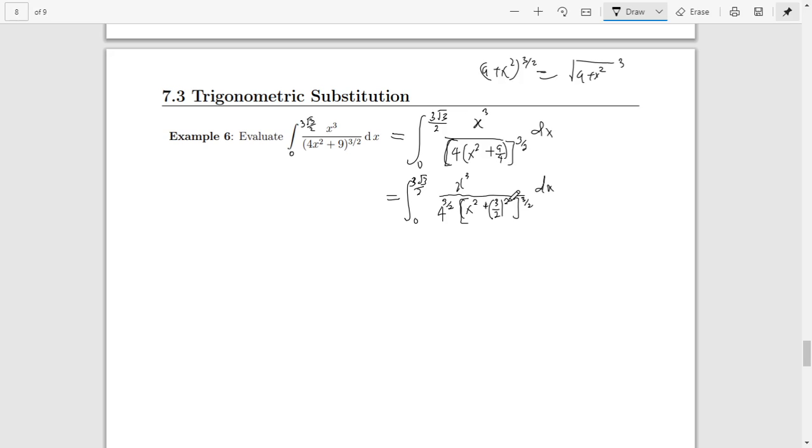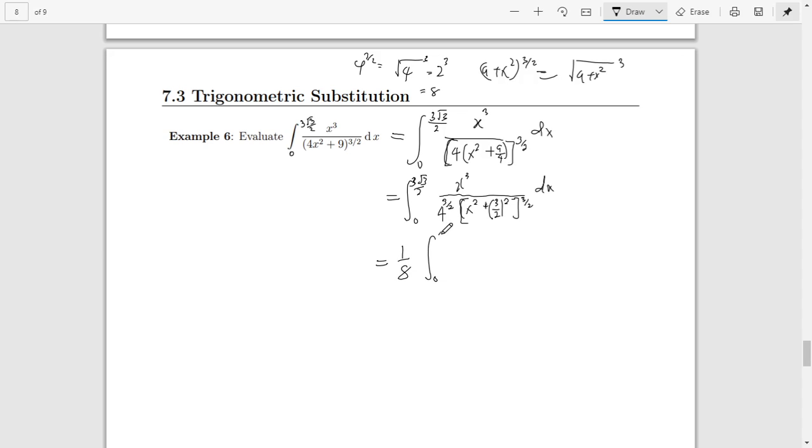So this is another way to write what we have here. This would be equal to 4 to the power of 3 over 2, which is the same thing as the square root of 4 to the power of 3, which is 2 to the power of 3, which will be 8. So here I'm going to have 1 over 8, and I can write that outside.